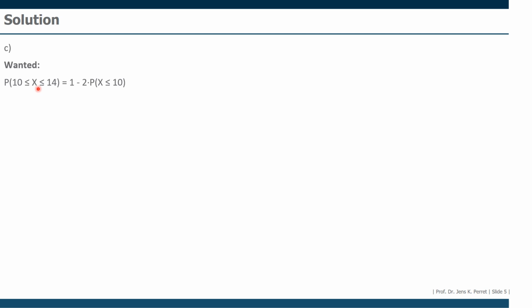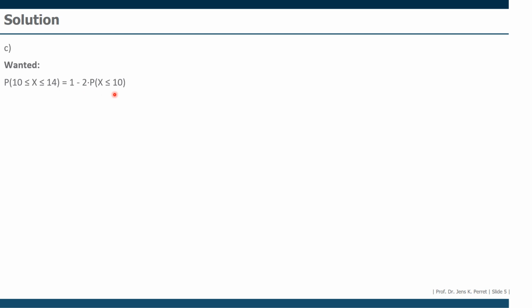Whenever we have something like this, we can simplify it by going with 1 minus 2 times the probability of x being smaller than 10, so the lower bound. Meaning we only have to calculate one probability and not two of them. If you're not sure about this, go with the easy way and calculate both probabilities.